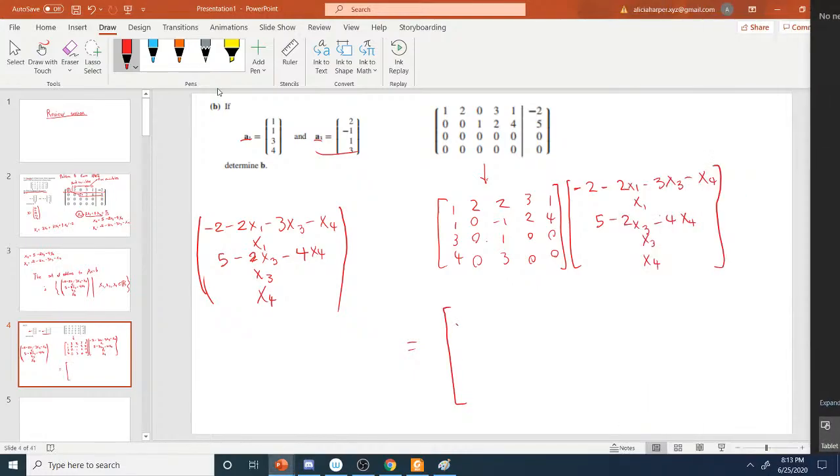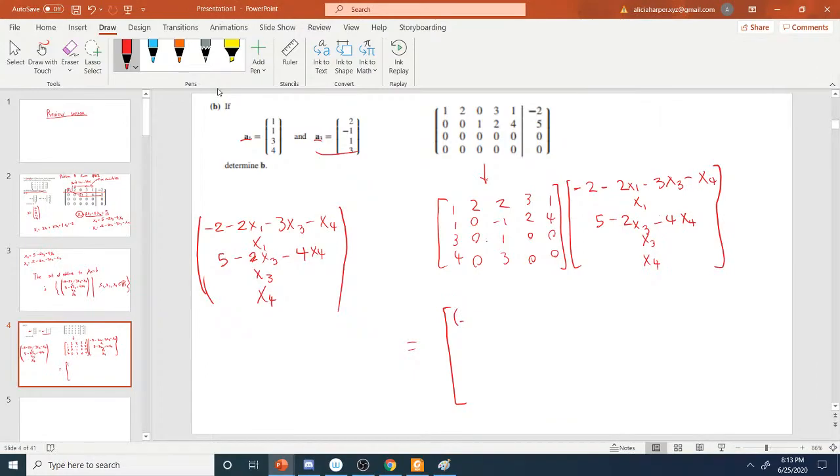So here we're going to have negative 2 minus 2x1 minus 3x3 minus x4. And in fact, just to kind of make my life easy, I'm going to copy paste this a few times.